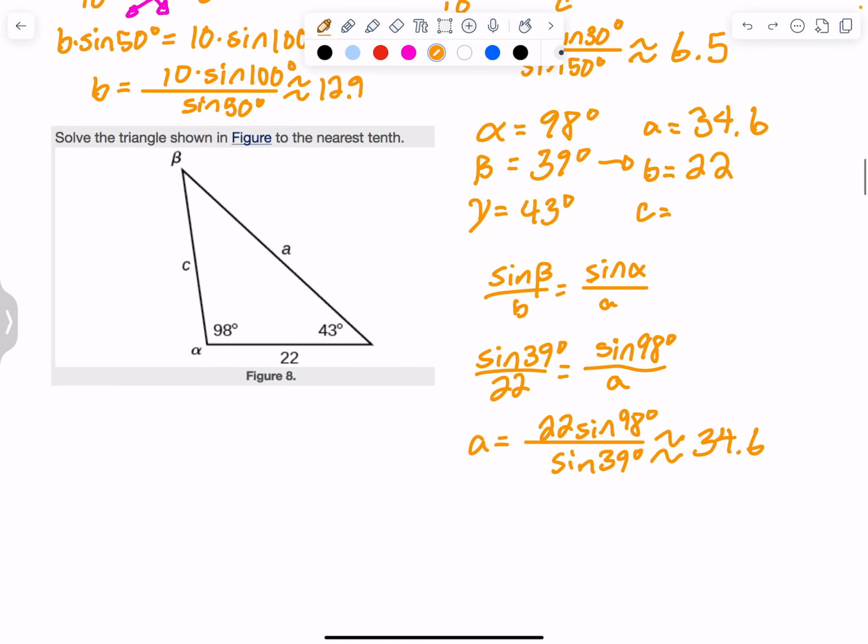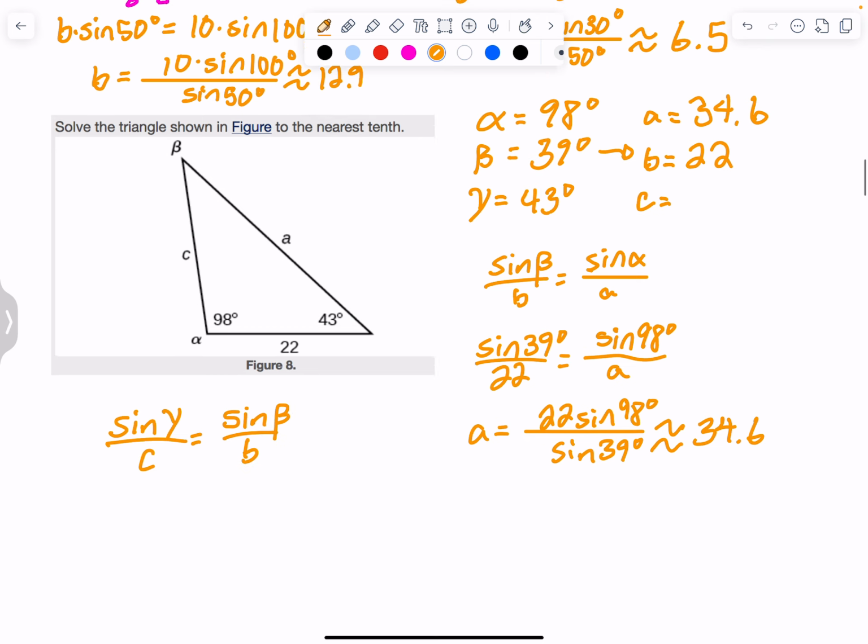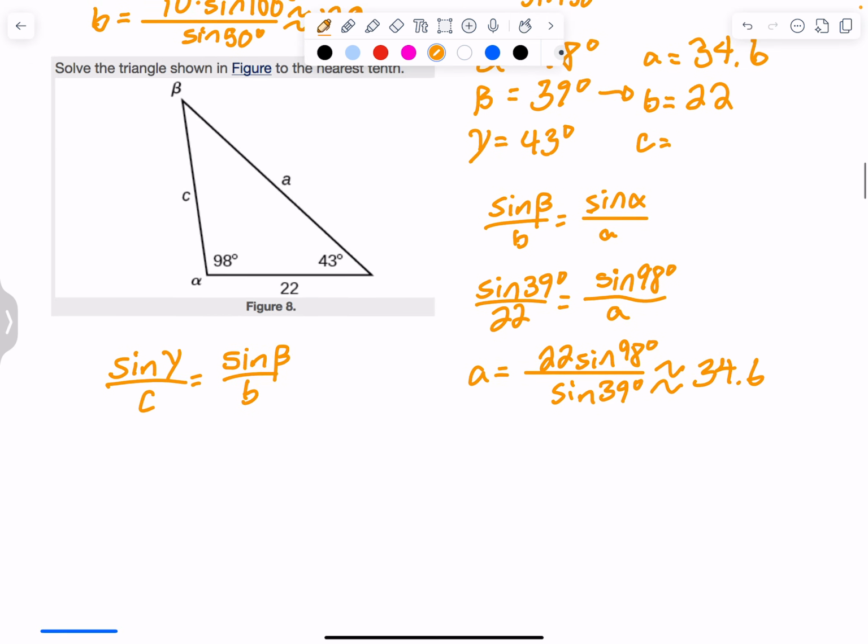We can't use the Pythagorean theorem. So sine of gamma over C, and let's go ahead, what was given? Beta. Sine of beta over B. And we plug it in. So we get sine of 43 degrees over C, and then sine of 39 degrees over 22.